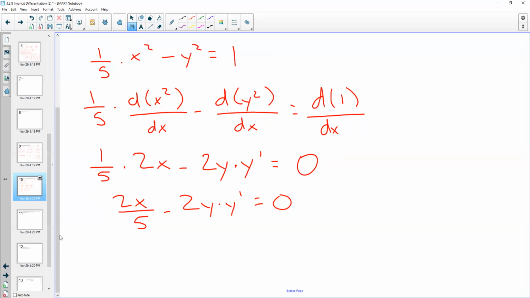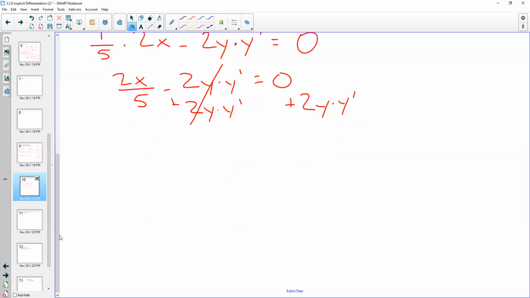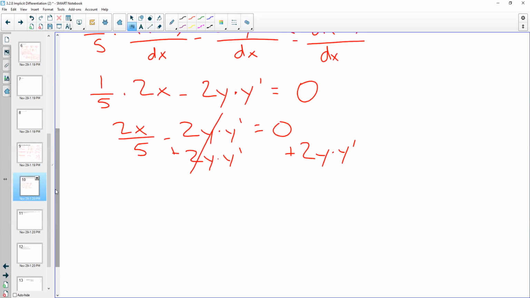Now we need to get our y primes all on one side of the equation. Because this is a negative 2y y prime, I'm just going to add that to both sides. Those will cancel, and then we will be left with 2x over 5 is equal to 2y times y prime.